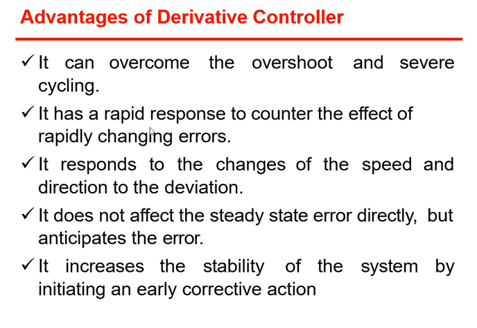It responds to the changes of the speed and direction of the deviation. It does not affect the steady state error directly, but anticipates the error. That is very important. It increases the stability of the system by initiating an early corrective action.